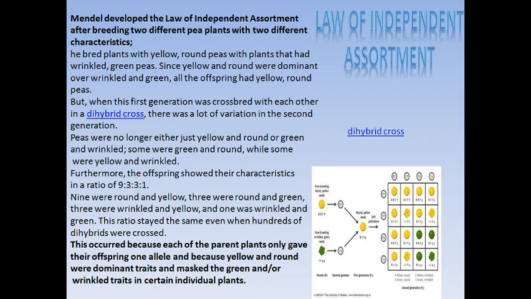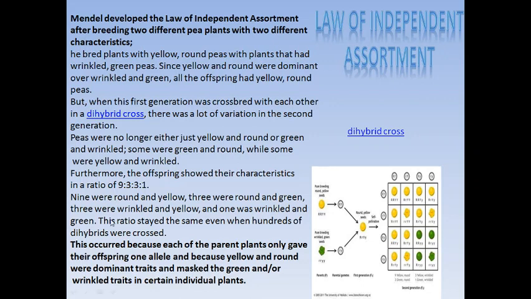Then, same method he applied. He self-fertilized the plants of the first generation among themselves, and found that peas were no longer either just yellow or round or green or wrinkled. Some were round and green, while some were yellow and wrinkled.